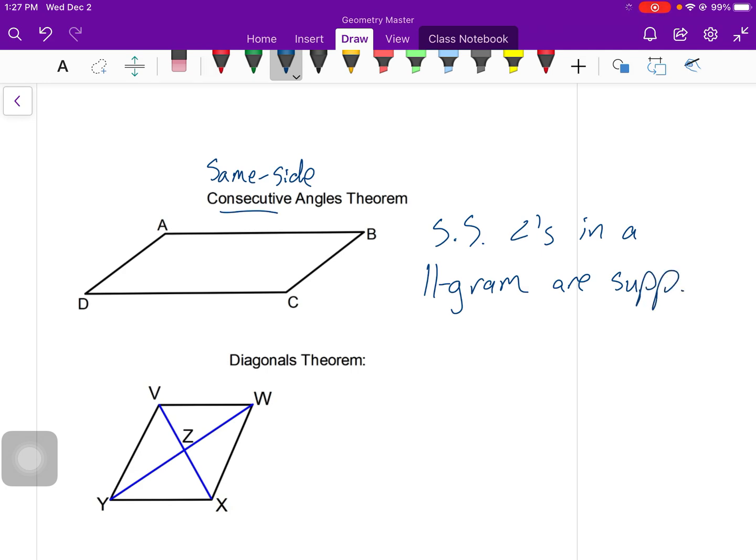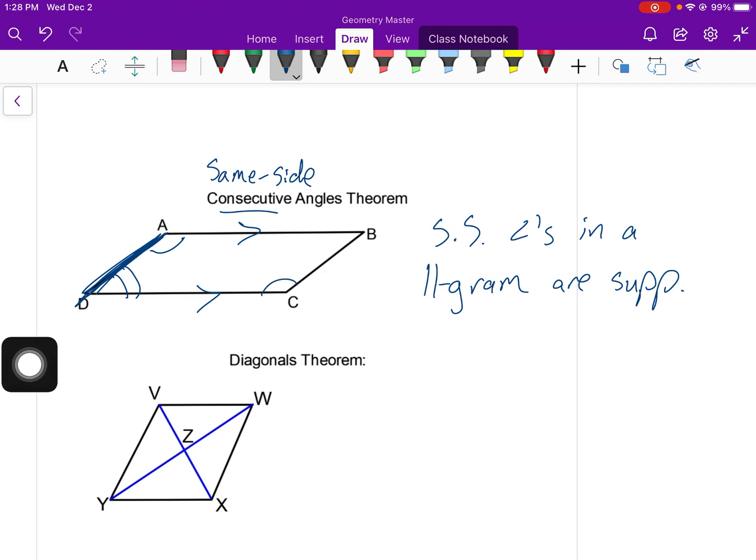This hopefully makes sense because we still just have parallel lines cut by a transversal. So if I'm looking at AB being parallel to DC first, and that's my transversal, these two sides have to be supplementary because they're same side interior angles. This is what our warm-up question was.